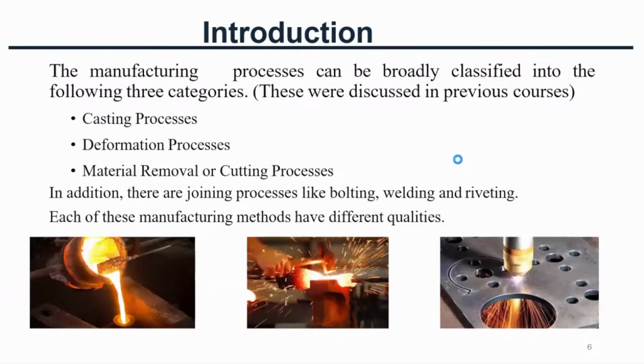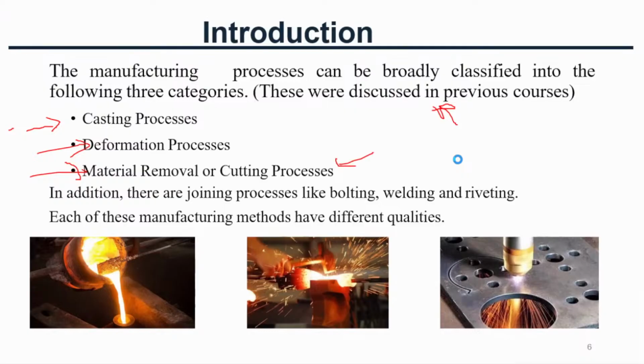So in our slide, you can see the manufacturing process can be broadly classified into following 3 categories. These were discussed in previous course. You have learned under workshop technology and practices subject. So these are main manufacturing processes: casting, deformation, where under deformation we can discuss about fogging, and material removal or cutting process.